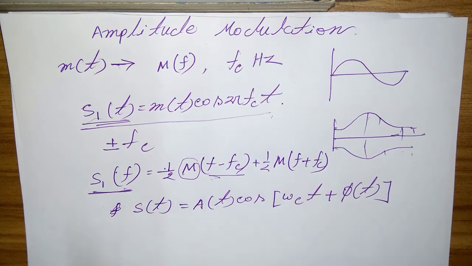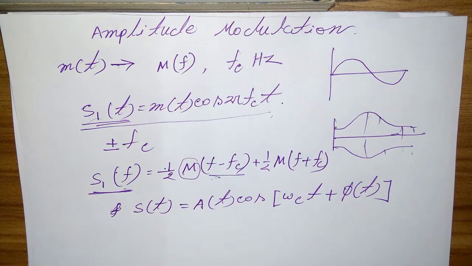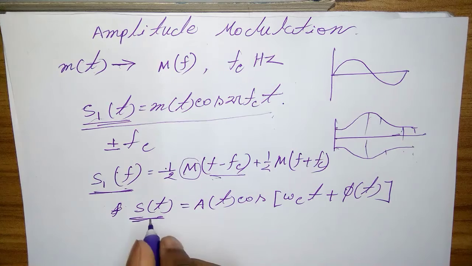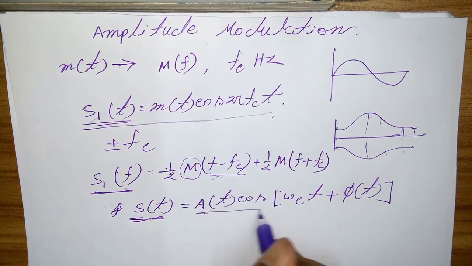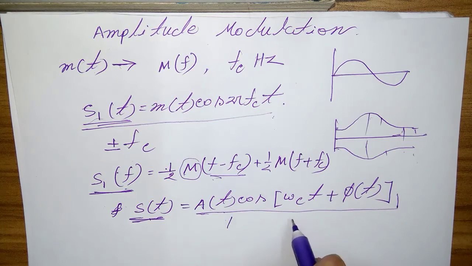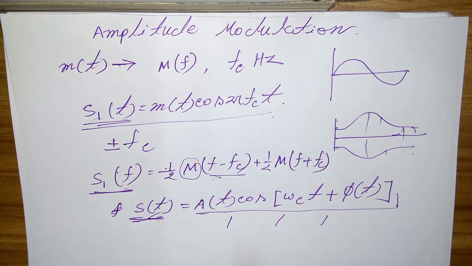Mind it, amplitude, frequency and phase in this equation. So the message signal can be used to modulate any one of these three parameters to allow s of t to carry the information from the transmitter to the receiver. We just change the amplitude, frequency or phase to transmit the signal from transmitter to receiver.